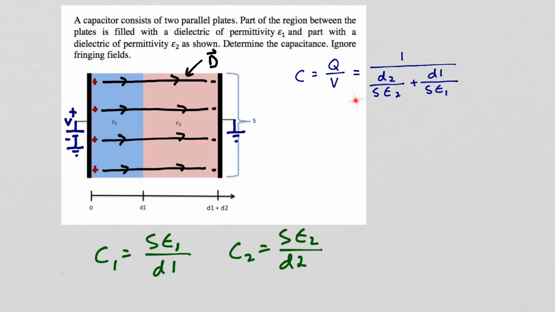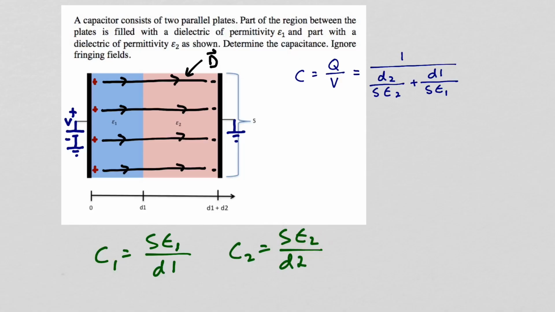This expression is the capacitance of a parallel plate capacitor of plate area S, a material of permittivity epsilon sub 1 between the plates, and a plate spacing of D1. Similarly, this is an expression of the capacitance of a parallel plate capacitor of plate area S, a material with permittivity epsilon sub 2 between the plates, and a plate spacing of D2.